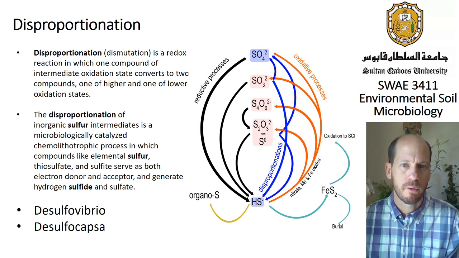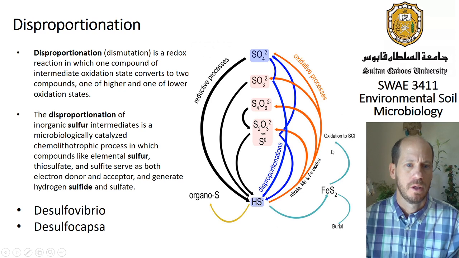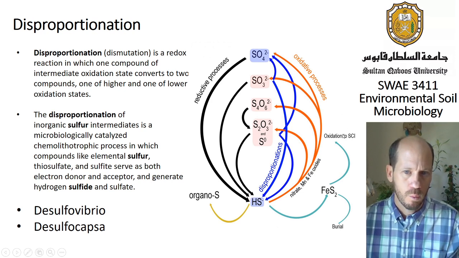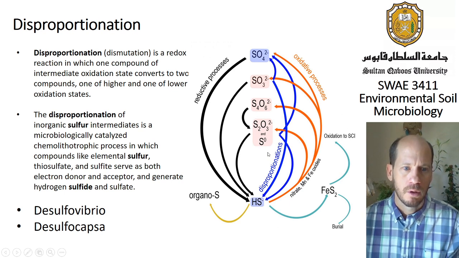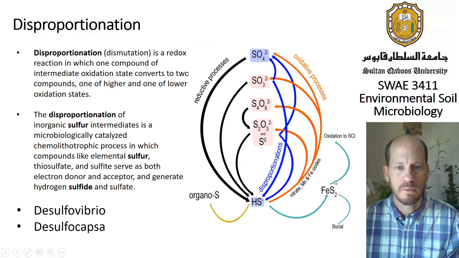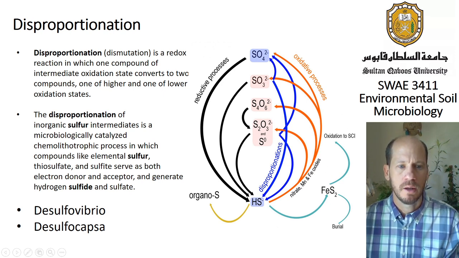Some of the sulfur will be oxidized and some will be reduced in this respiration process. So if you have an intermediary product which is not fully reduced or not fully oxidized, you can use it to build up both oxidized and reduced molecules in these systems. The main microbes described with these disproportionation mechanisms are Desulfovibrio and Desulfocapsa.